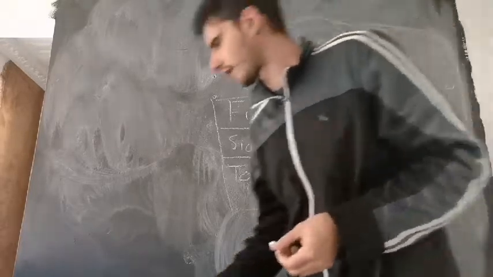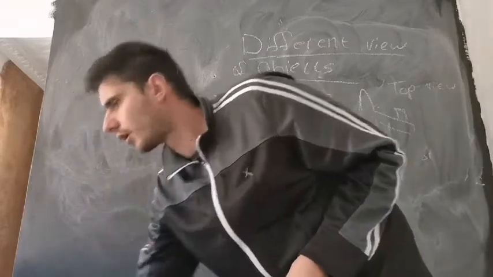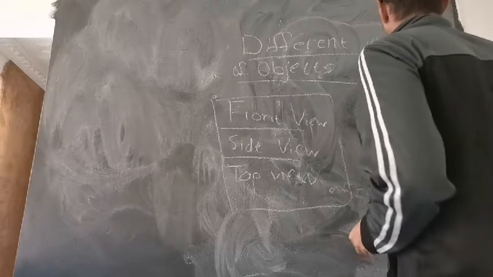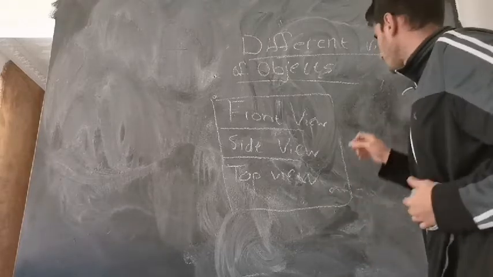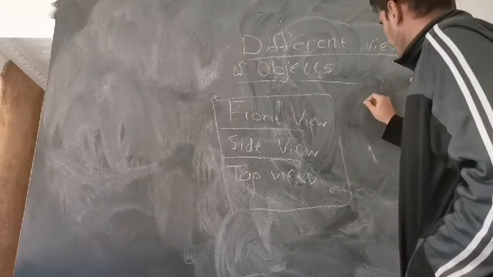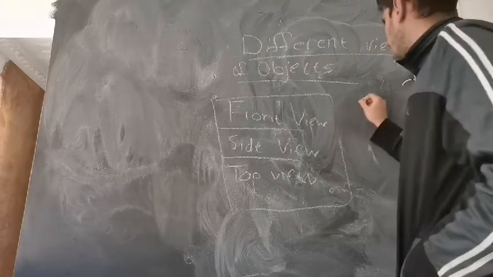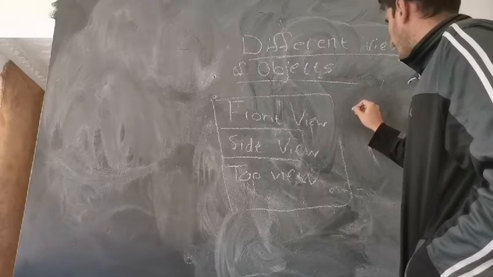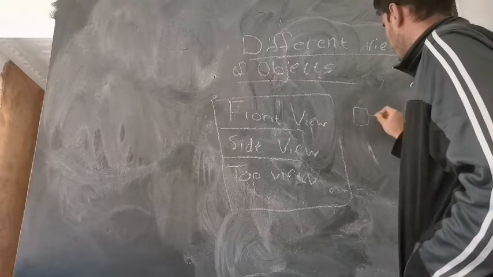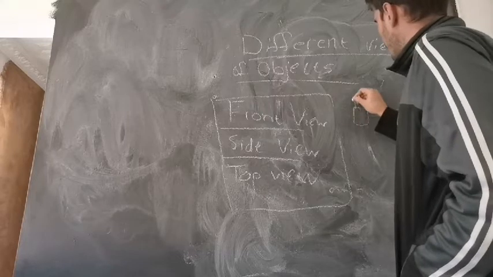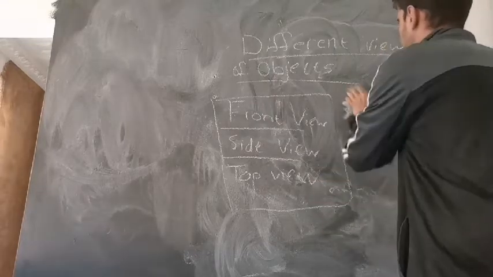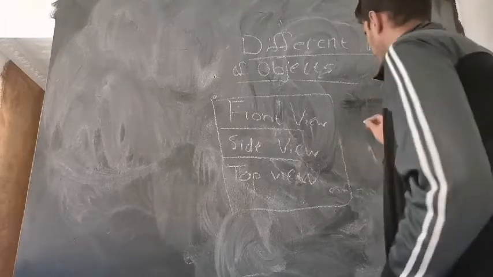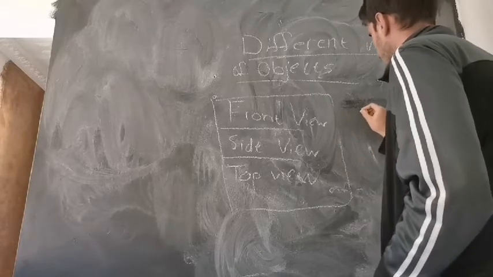Now, let's say I'm going to draw an object from the side. What's a good example? Let's say I'm drawing glasses, right? Okay, basically, let's just say we've got a chair, right?